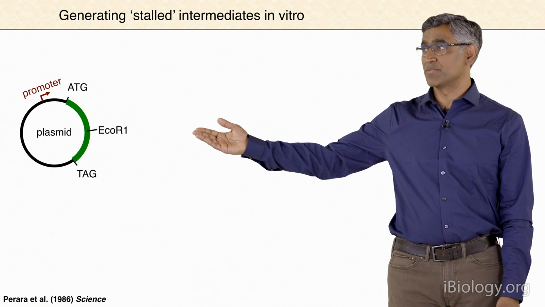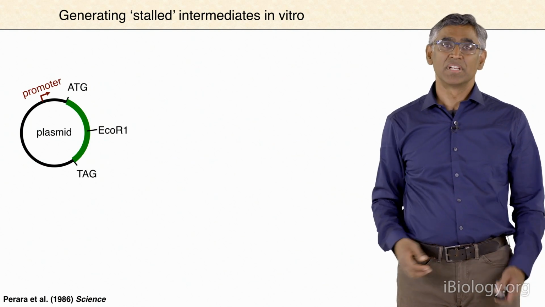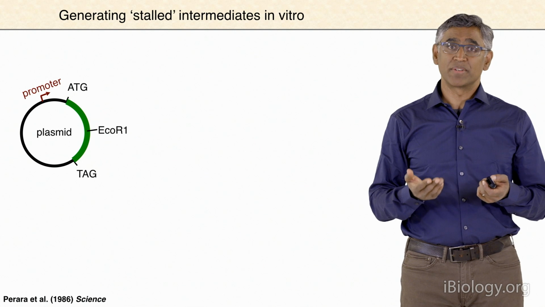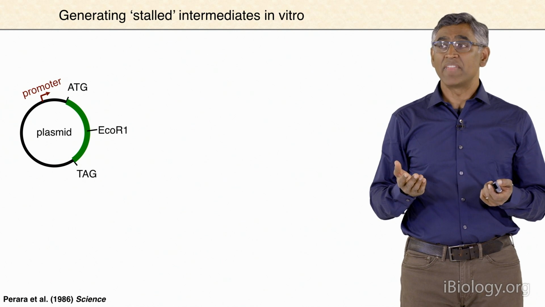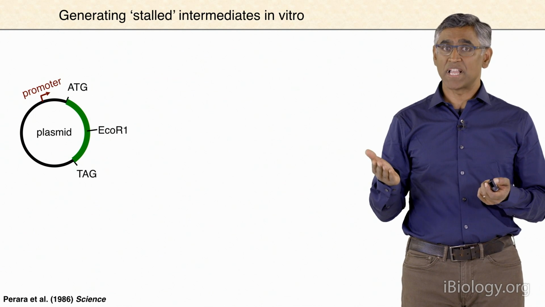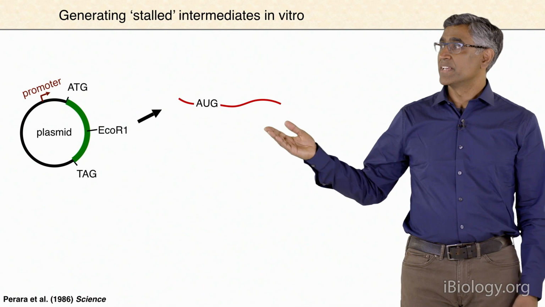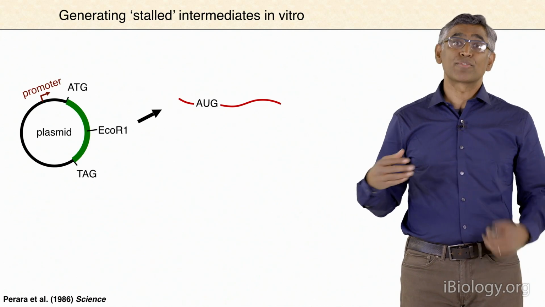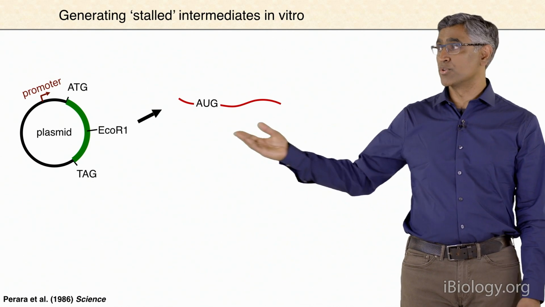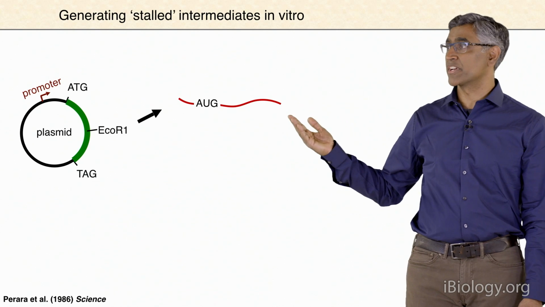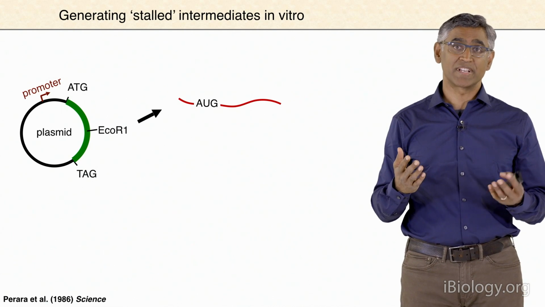So for example, I've labeled EcoRI here in the middle. Now if you cut this plasmid with EcoRI and then you transcribe that cut plasmid, what you'll generate is an mRNA that is a fragment of the whole mRNA that codes for the protein. So it will only be the part that codes up to the EcoRI site.